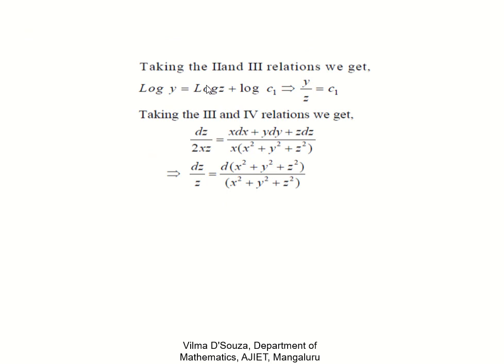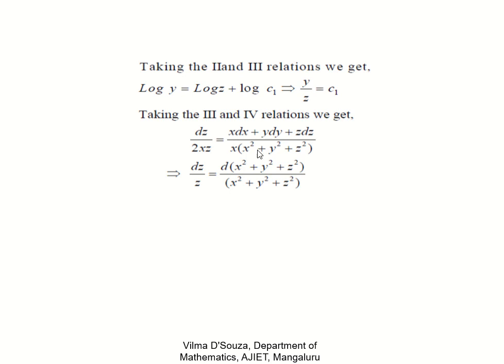So log y = log z + log c1. So log y − log z = log c1, or log(y/z) = log c1. You can cancel the log and you will get y/z = c1. So this is one of the solutions, u = c1.